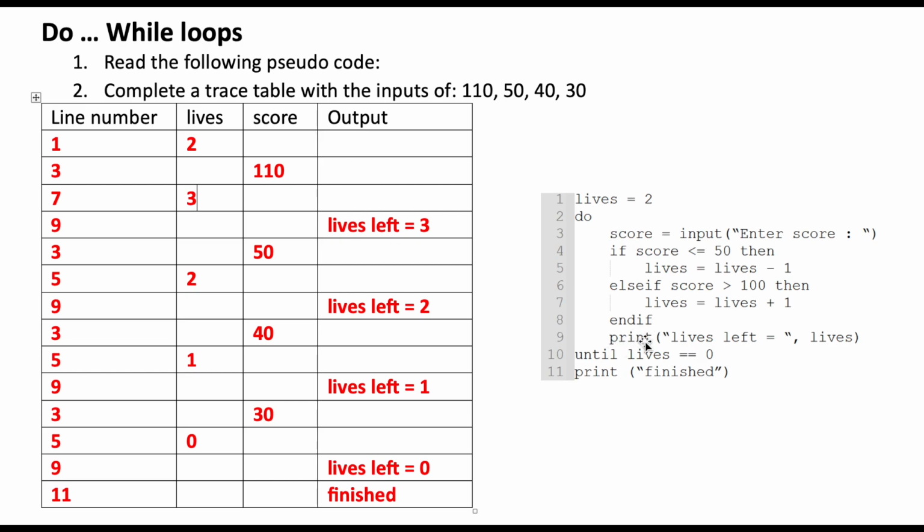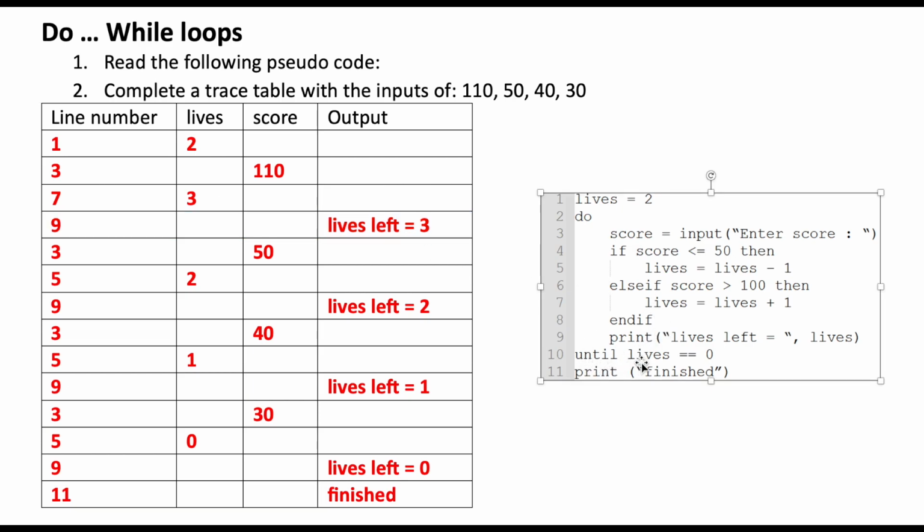We then come across an output line. Print lives left, the string literal, and the contents of the lives variable. So we can see here line 9 and the string literal lives left with the equal sign, followed by the contents of the lives variable, which is 3.